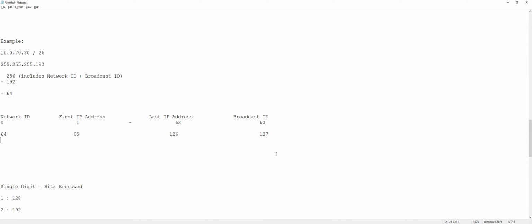Since the subtraction that you did gave you 64, that means that you're going to have intervals of 64 IPs. But remember that the 0 is included. So the first interval is going to be from 0 all the way to 63. The second interval is going to be from 64 all the way to 127.